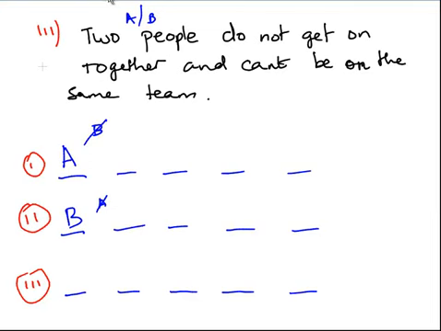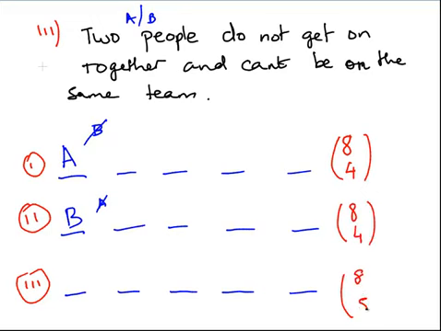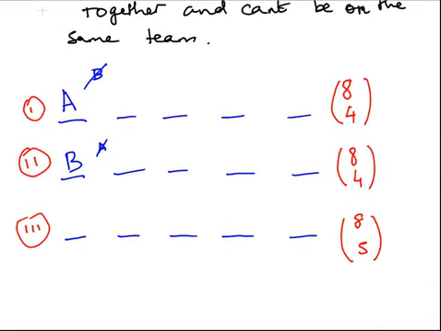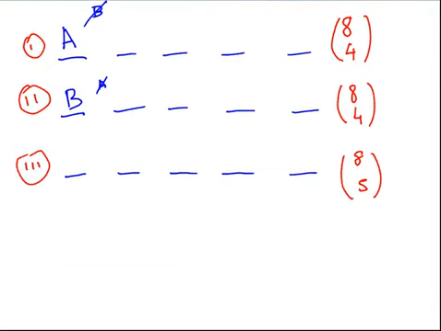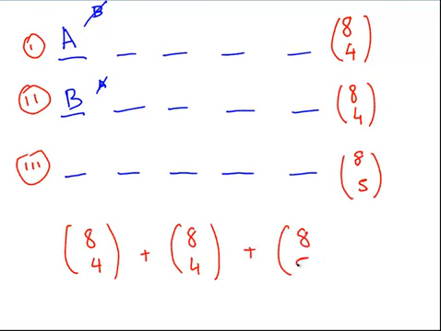So in the first case we're choosing 4 from 8, and again in this situation 4 from 8, and in this situation 5 from 8. So the number of ways we can have this scenario where these 2 people can't be on the team is 8 choose 4 plus 8 choose 4 plus 8 choose 5.